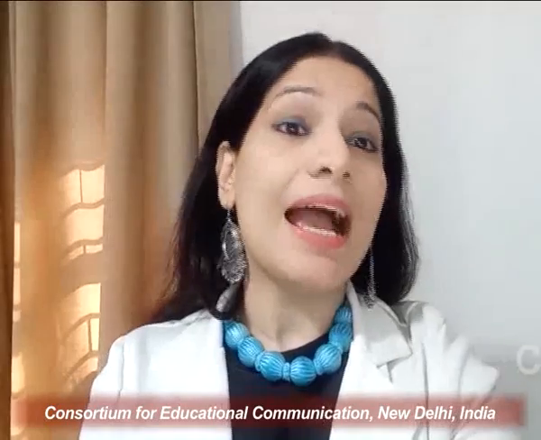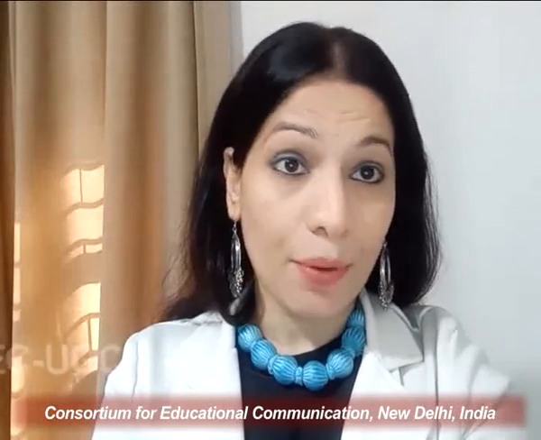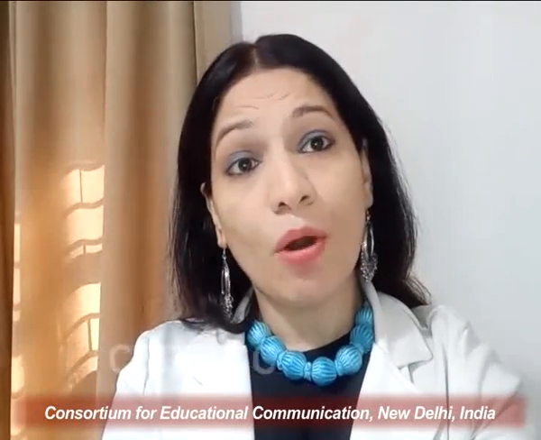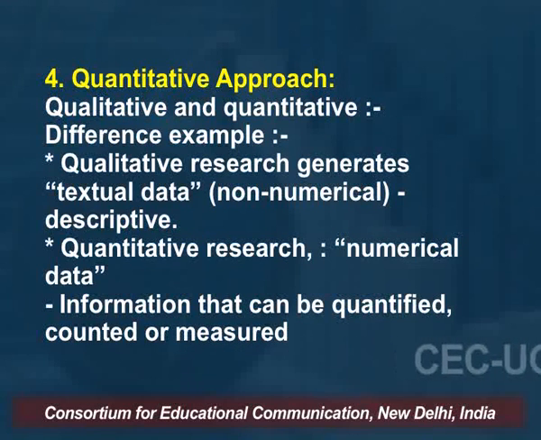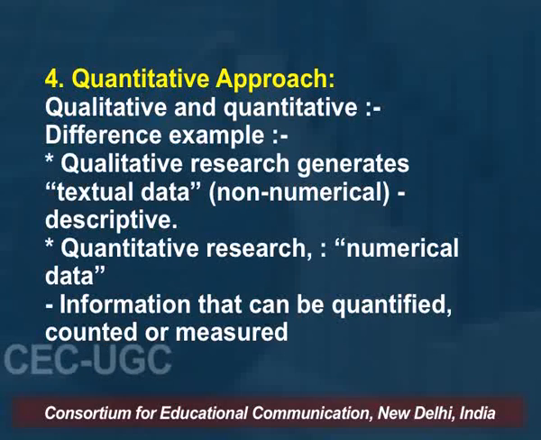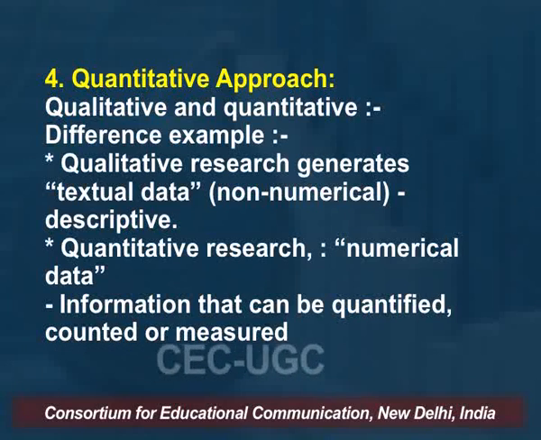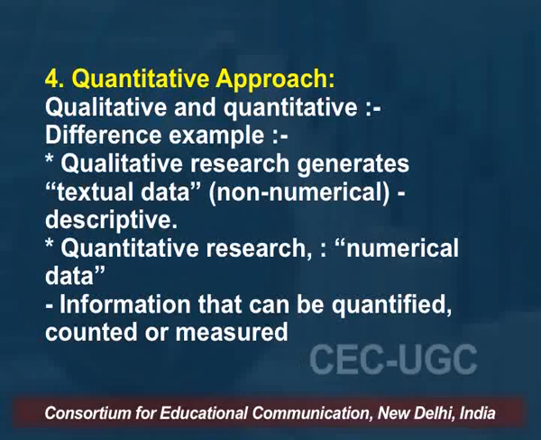As we are discussing modern approaches, another important modern approach is the quantitative approach. Now, as we discuss the quantitative approach, it becomes essential that we differentiate it from the qualitative approach.